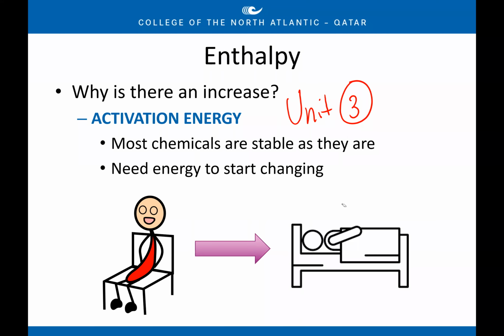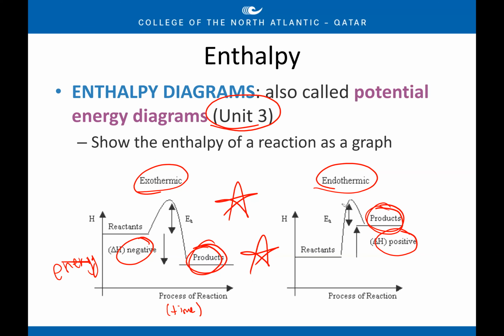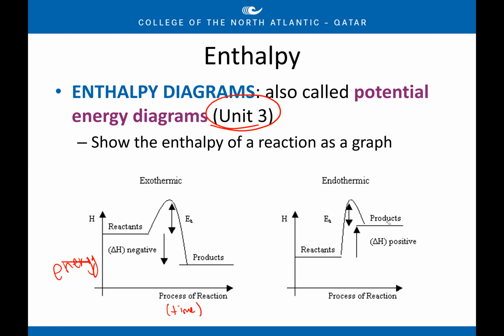Even though they need energy to start changing, so I'm going back to this slide, you'll notice that they both have that hump or lump in the middle, but it doesn't mean they're all endothermic. Endothermic means that the products have more energy at the end. Exothermic means the products have less energy.